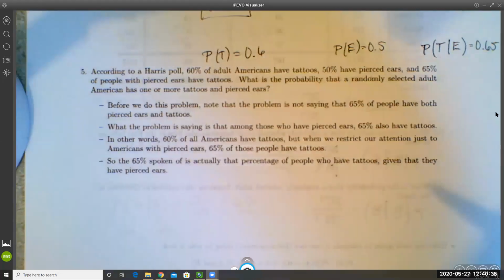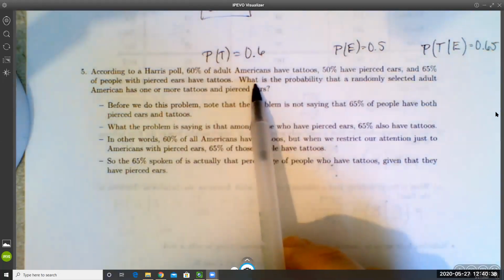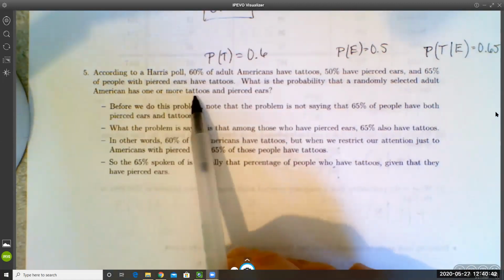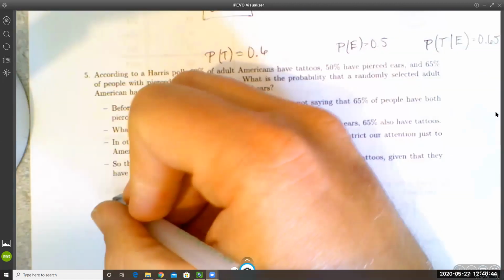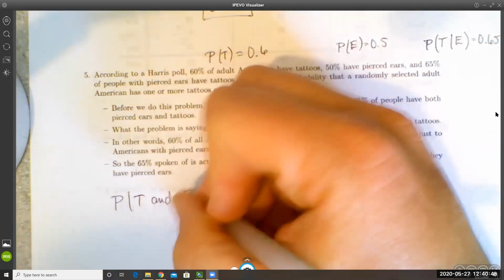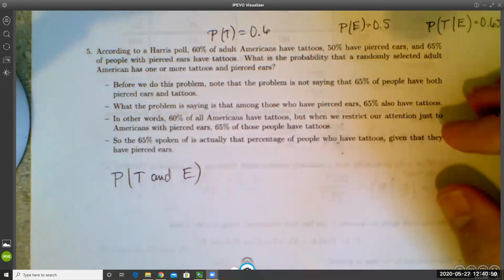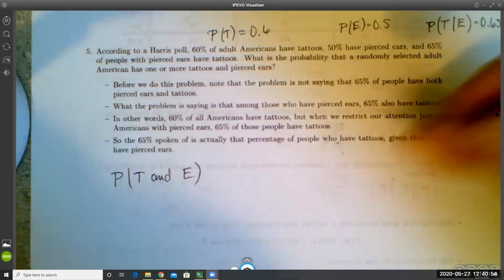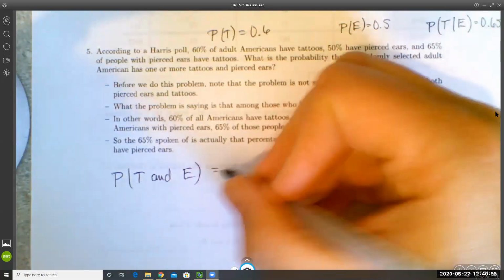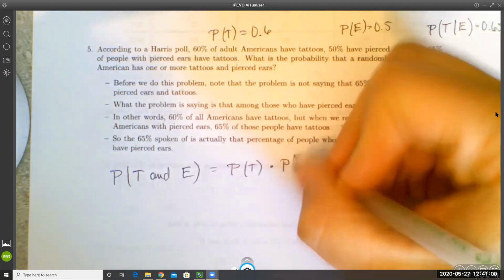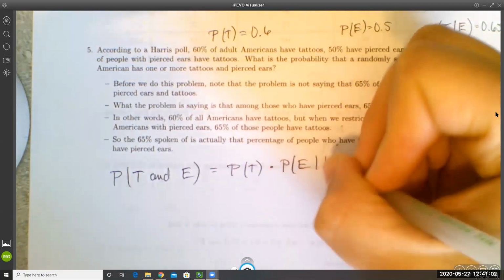Now what are we asked for? We're asked for what's the probability that a randomly selected adult American has one or more tattoos and pierced ears, right? So we're looking for the probability to have tattoos and pierced ears. This is going to be probability they have tattoos times probability they have pierced ears, given that they have tattoos.